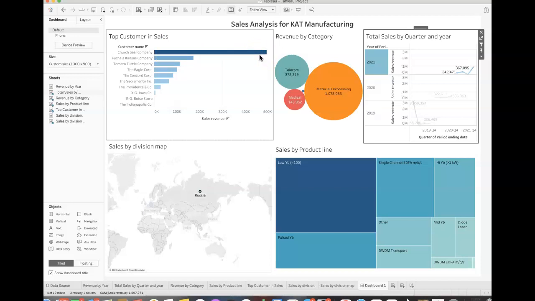Final question. If you were on the top management team of Cat Manufacturing, what overall strategy questions could this dashboard help you address? Well, I think that it's fair to say that this dashboard fulfills numerous needs.